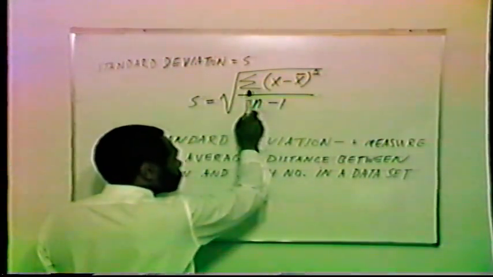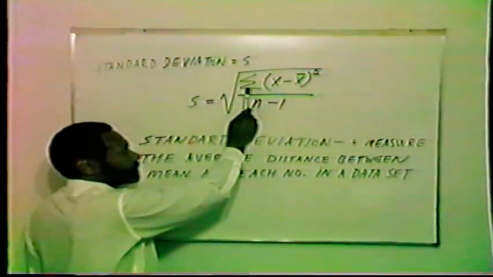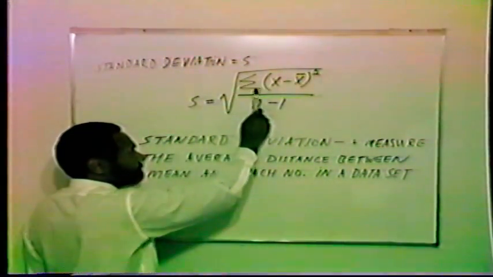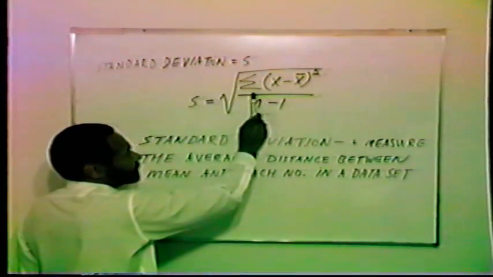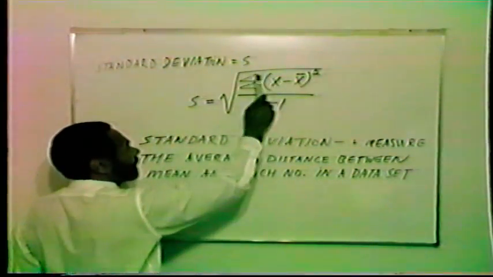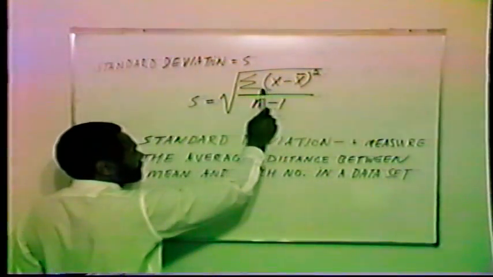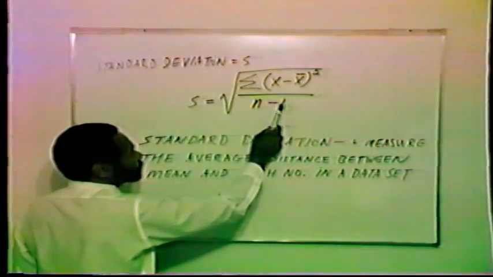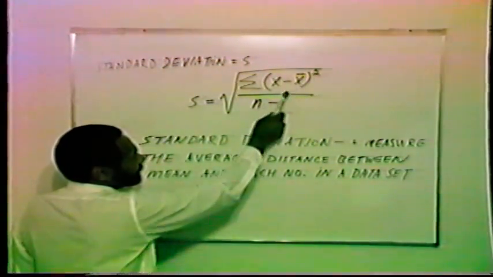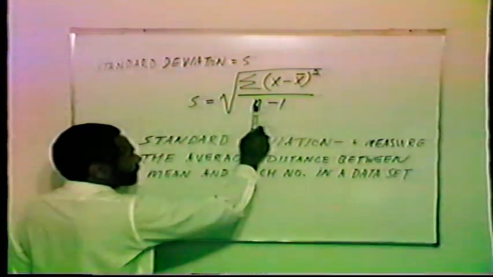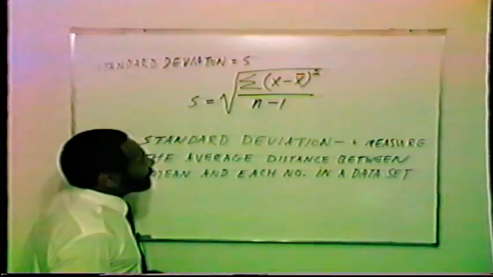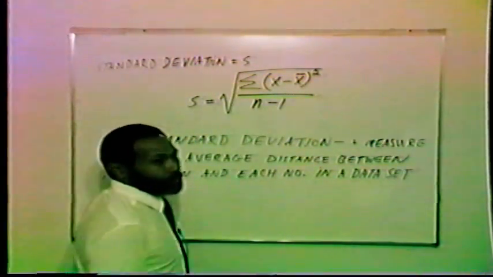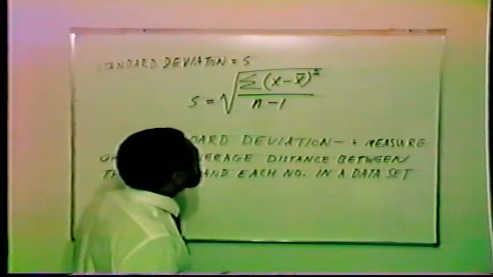You've seen this symbol before when you discussed the mean. It stands for summation. So after we subtract and square, we have to add all those squares together, and then we have to divide the sum by n minus 1. So we're taking a type of average. Usually in an average we divide by the number of scores, but here we divide by n minus 1 because of mathematical reasons that are beyond the scope of this course.